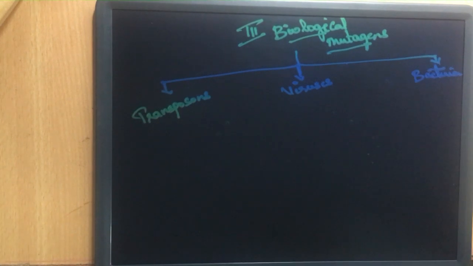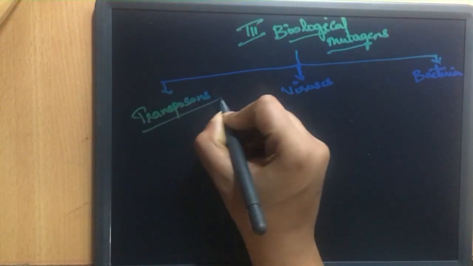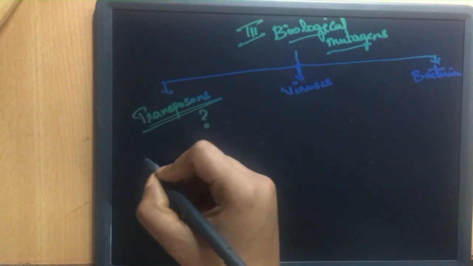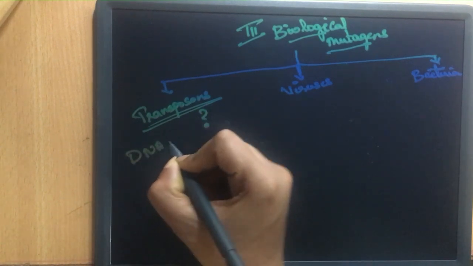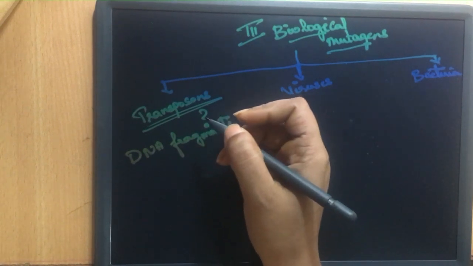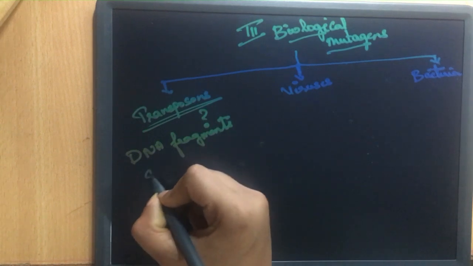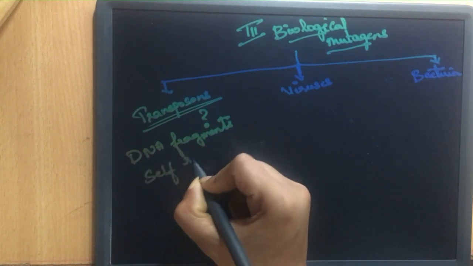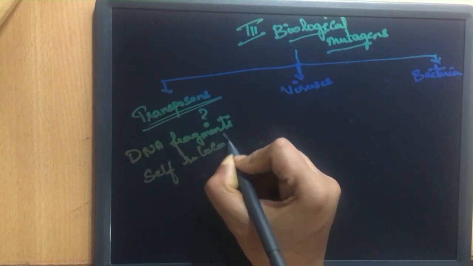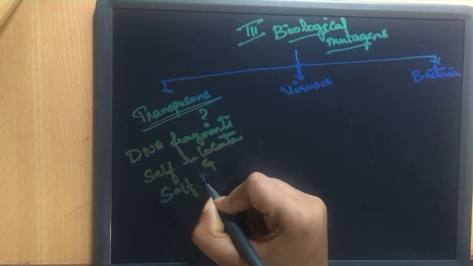So transposons are nothing but fragments of DNA. So what are transposons? Transposons are DNA fragments having the ability to self-relocate and self-multiply.